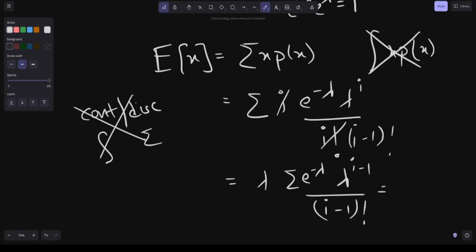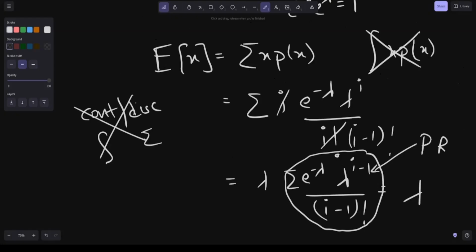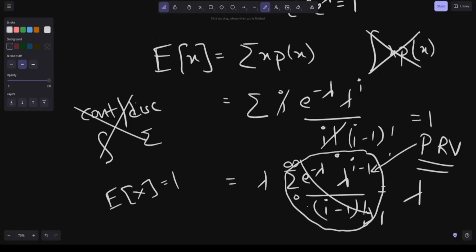This becomes the Poisson RV again, and when you do this summation from 0 to infinity, we know its value is 1. So the final result is that E[X] is nothing but lambda.